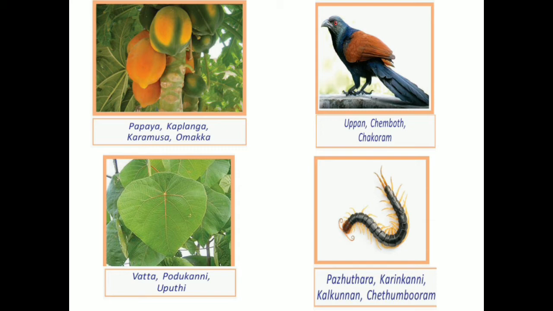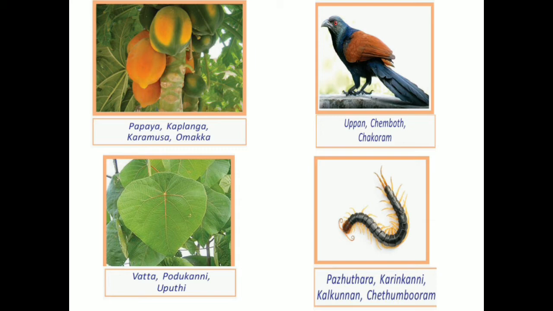Is there any problem in calling the same organism by different names? Is there any chance of confusion? Yes, there are often chances of confusion. This often leads to difficulties in studying each organism.